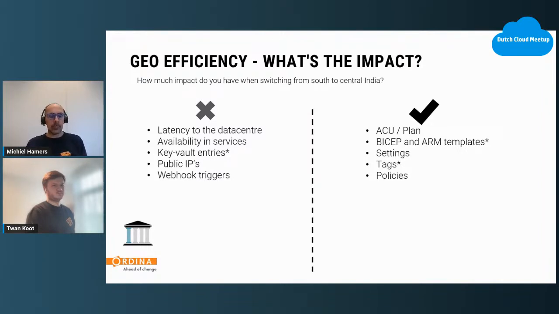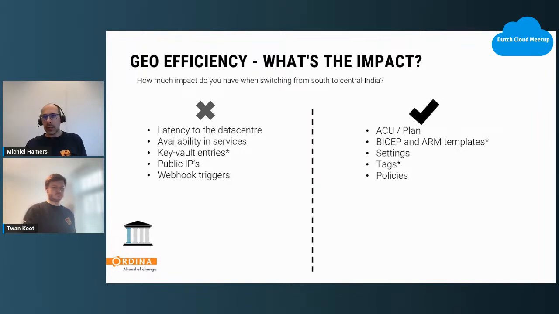Therefore, you cannot move that webhook trigger URL to another data center, because it's stated within the data center. So you need to be aware of those disadvantages. However, you can get your ACU.